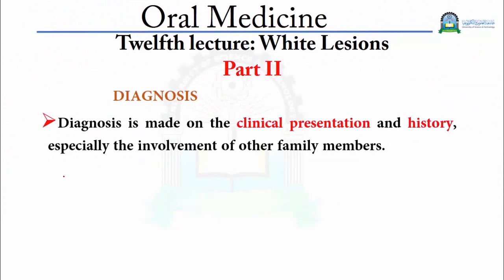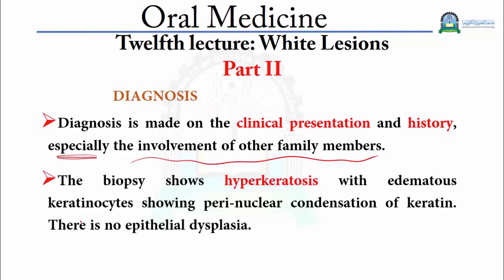The diagnosis is firstly made on the clinical findings and presentation of the lesion, which cannot be rubbed off and is widely spread in many sites in the oral cavity, most commonly the buccal mucosa, and also the history of the lesion appearing in the second decade of life, and whether any other family member complains of this inherited lesion.